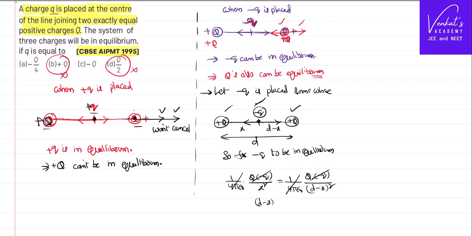So, d minus x whole square equals x square. Take a square root on both sides: d minus x equals x, that implies d equals 2x, x equals d by 2.